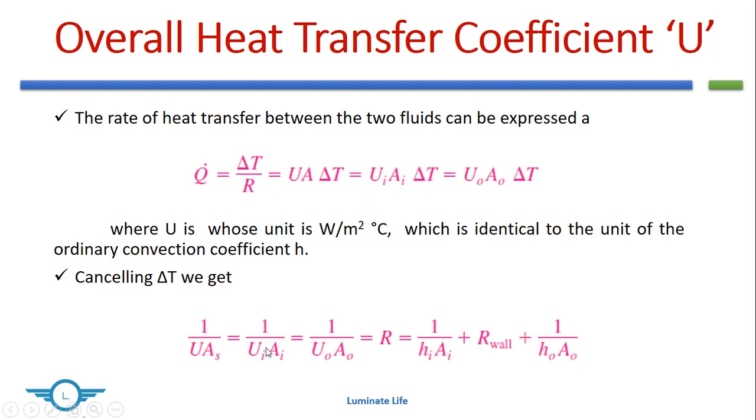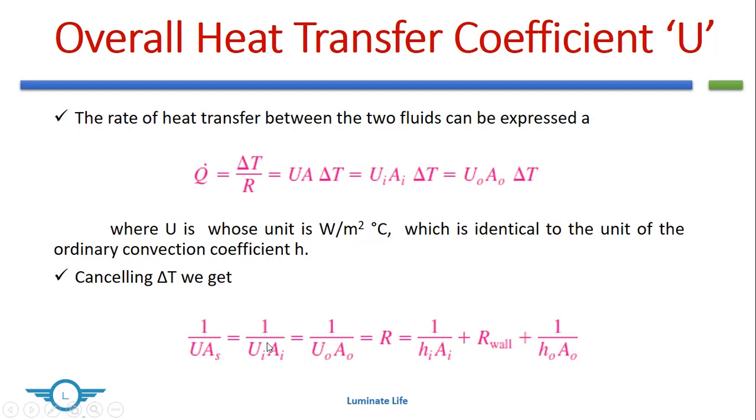I can write 1 by UiAi equal to 1 by U0A0, which is nothing but the total resistance R. This is obtained by just cancelling out delta T from the equation and rearranging for R. This resistance we had already found out as 1 by HiAi plus R wall plus 1 by H0 A0. So now we have a definition for overall heat transfer coefficient and how we are going to estimate it.